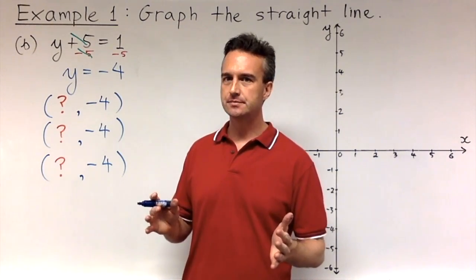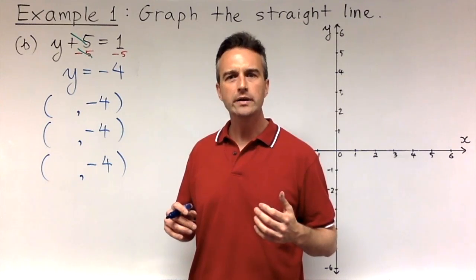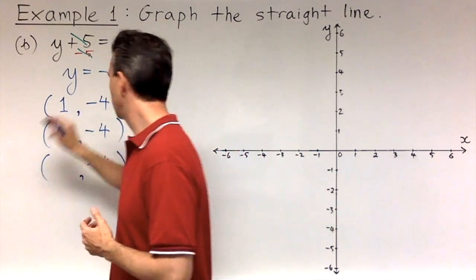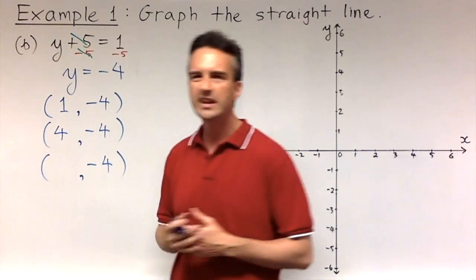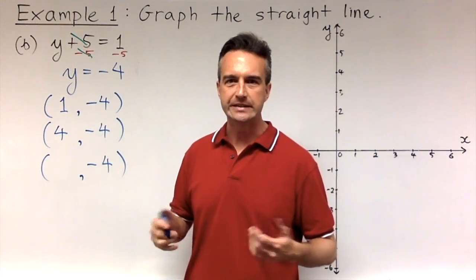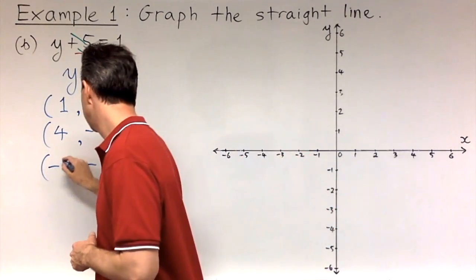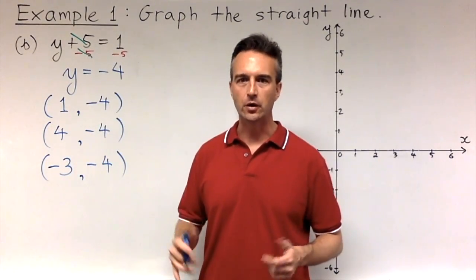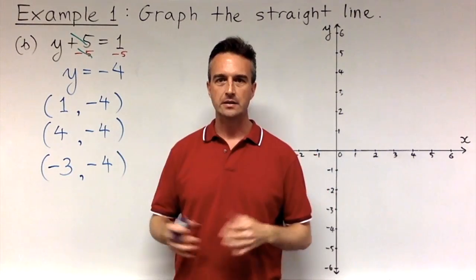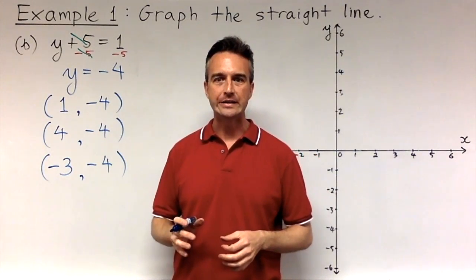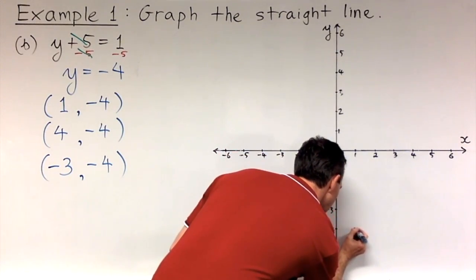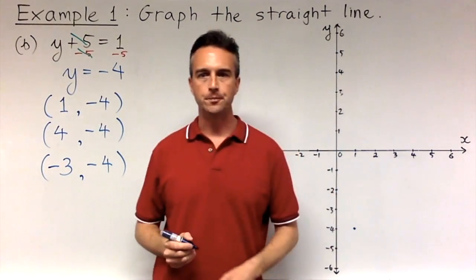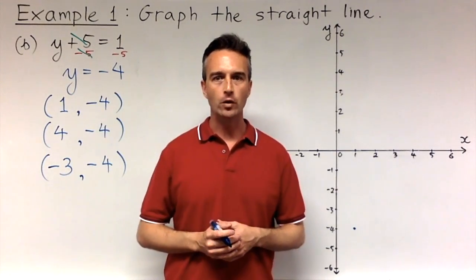I think I'll choose 1, 4, and negative 1, negative 3. We now have our 3 points. Let's plot our first point, 1, negative 4. Our second point, 4, negative 4.